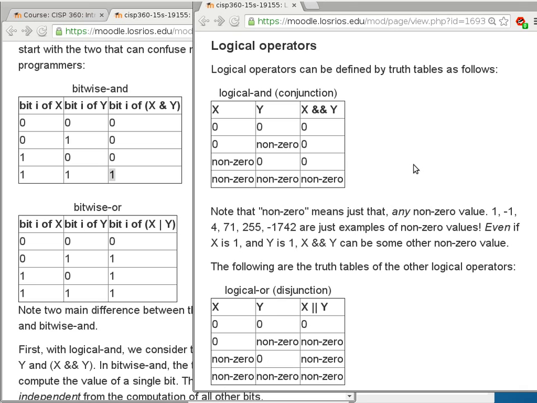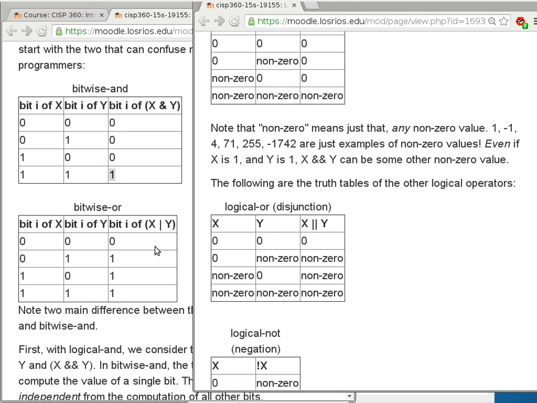And if you look at bitwise OR, which is this one here, this is the bitwise OR definition, this is the logical OR definition, and you can see how similar they look, and yet they're different. Because with this table, we're dealing with each individual bit. With this table, we are dealing with an entire integer.